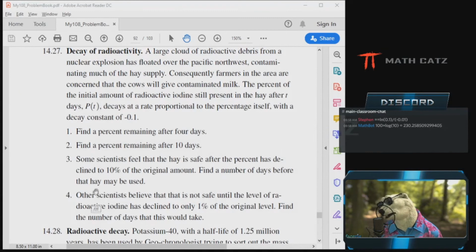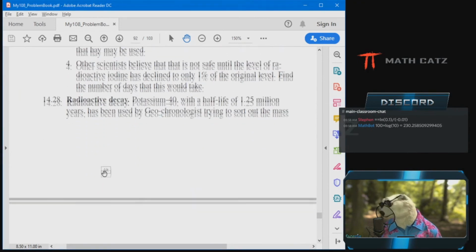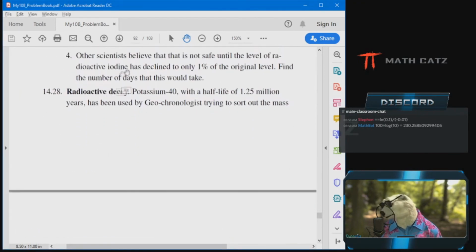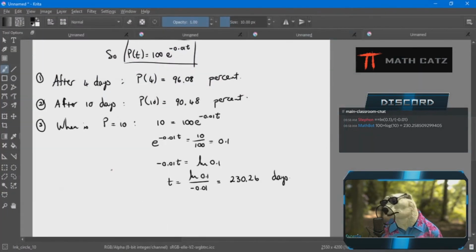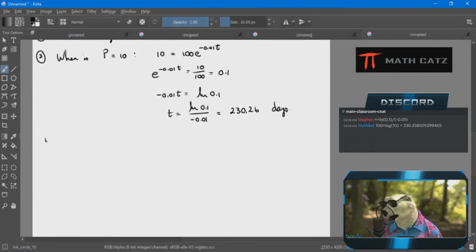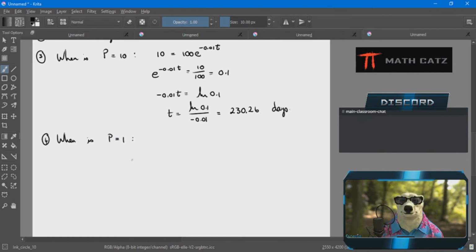However, other scientists, let's move this to the top, other scientists believe that it's not safe until the level of radioactive iodine has declined to only 1% of the original level. Find the number of days that this would take. So now I'm going to do exactly the same, except ask the question, when is my P value 1?